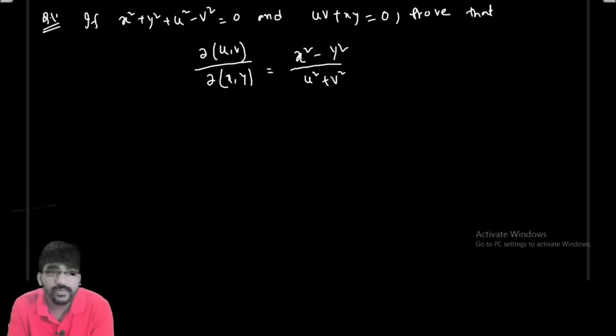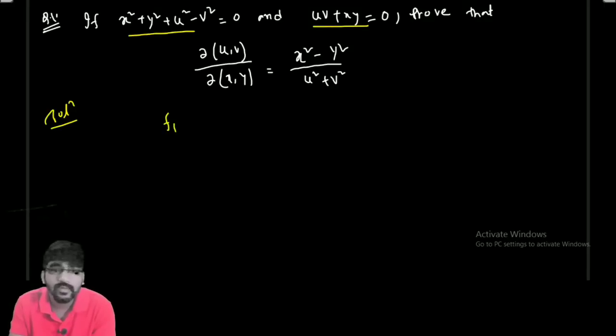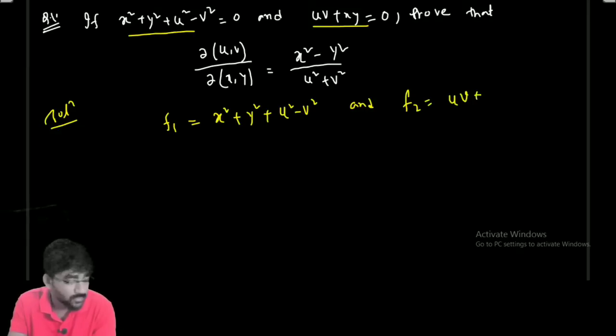So we have two functions. f1 is x² + y² + u² - v², and f2 is uv + xy.